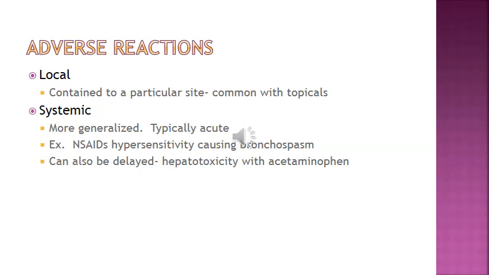And actually, a very common thing to happen because people take too much of it is with acetaminophen or your Tylenol, the hepatotoxicity. Tylenol, if taken in high dosages inappropriately, can predispose people to damaged liver.